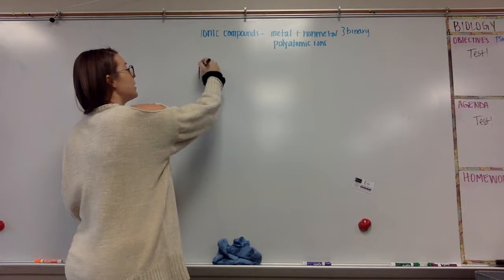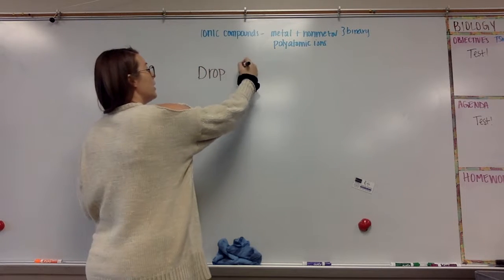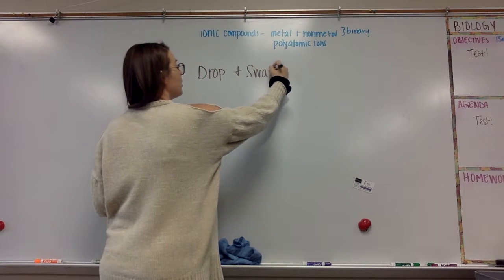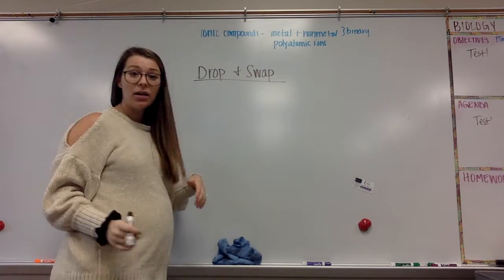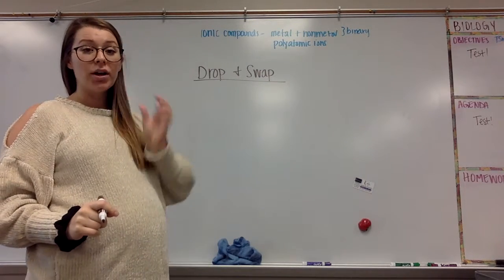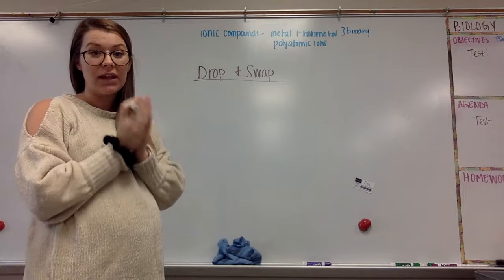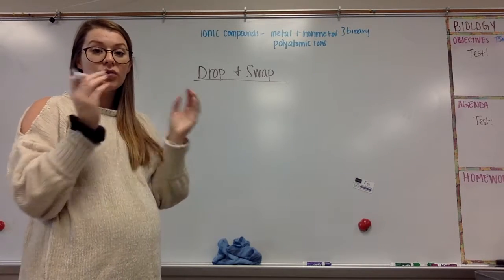So this method is called drop and swap for writing formulas. You're going to take the charge of each ion and drop and swap them.